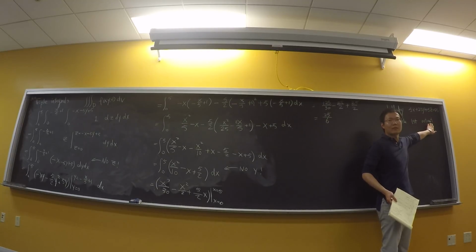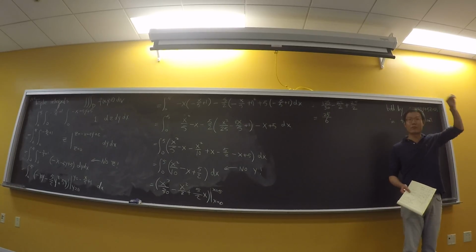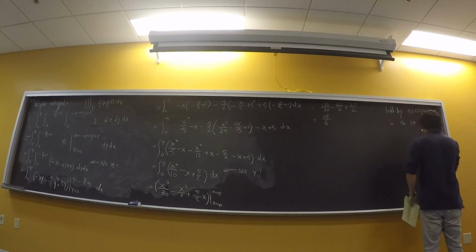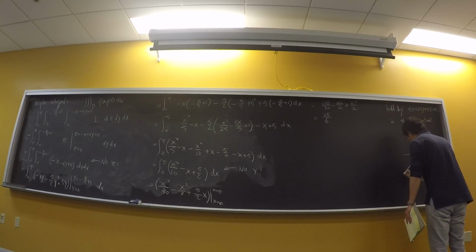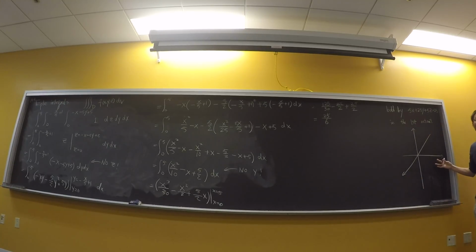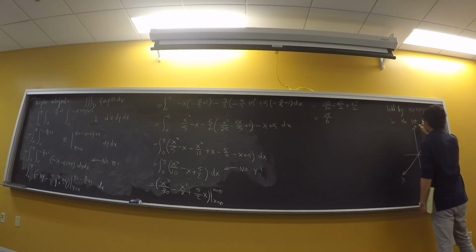Okay. In the two-dimensional plane, if we have two axes, they divide the plane into four quadrants, right? In the three-dimensional space, if you have the xy plane, yz plane, and xz plane, these three planes will divide the whole space into 8 separate pieces, all right? So you can number them as the 8 octants. And the first octant, naturally, is where x is positive, y is positive, and z is also positive. So this is our first octant.